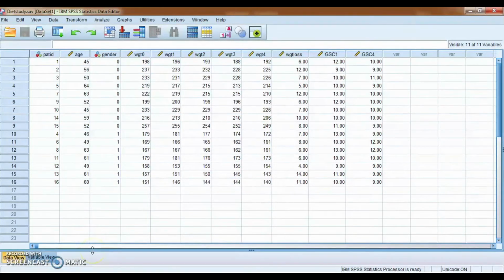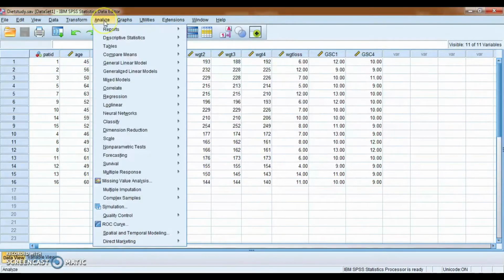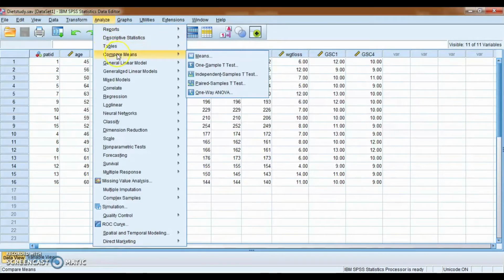Okay, so the question here is, on average, people will eat 5 Girl Scout cookies per sitting. Do individuals in this particular sample match that, or are they different? So what I want you to do is click on Analyze, and you'll go to Compare Means, because essentially that's what a t-test does.